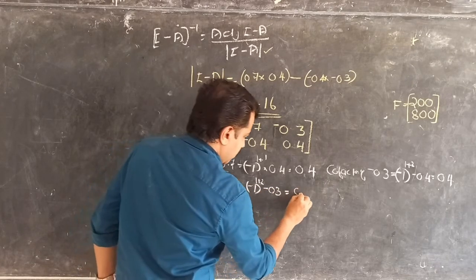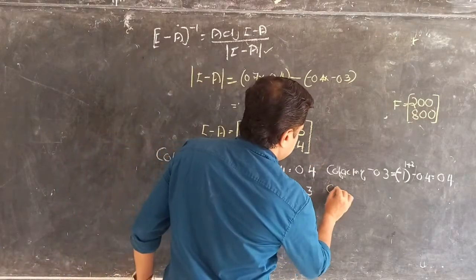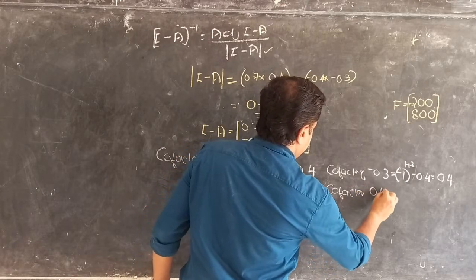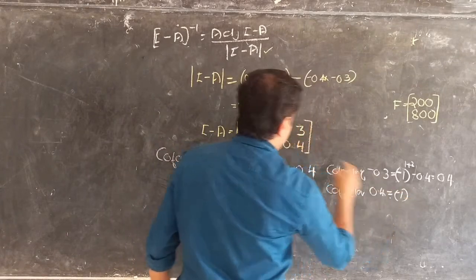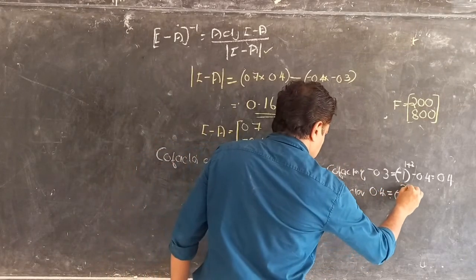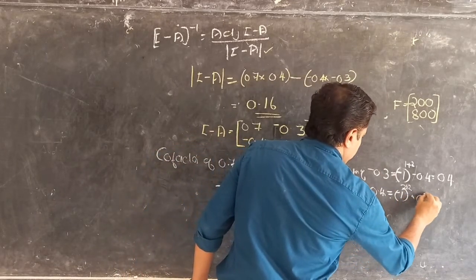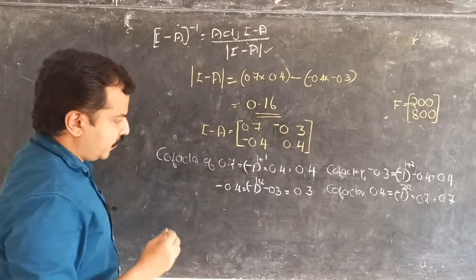The answer will be 0.3. Finally, the cofactor of 0.4 is equal to minus 1 raised to the position of 0, which is 2 plus 2, into 0.7. The answer will be 0.7. So we have the matrix of cofactors.